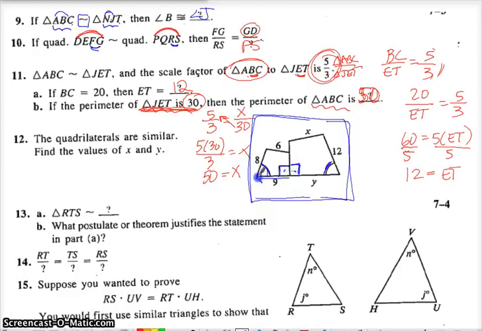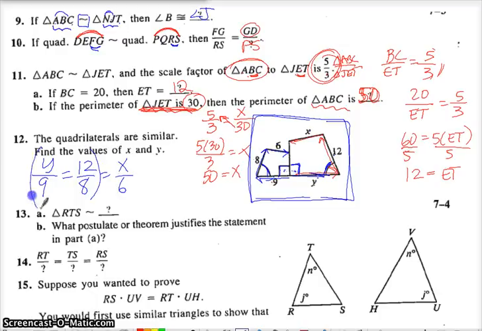So it looks like if we go around this quadrilateral counterclockwise, but we go around this one clockwise, right, then we'll see which sides line up with each other. So y lines up to 9, so y is to 9 as 12 is to 8, as x is to 6.